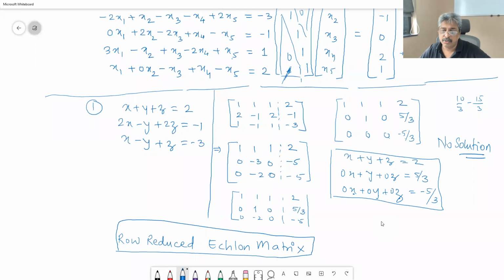So when we try to convert the system into row reduced echelon matrix, we get a situation where the last row is 0, 0, 0 and k, where k is not equal to 0. And this is A into x is equal to b, where A is 0 but b is not equal to 0.